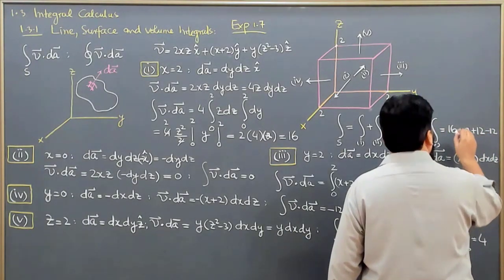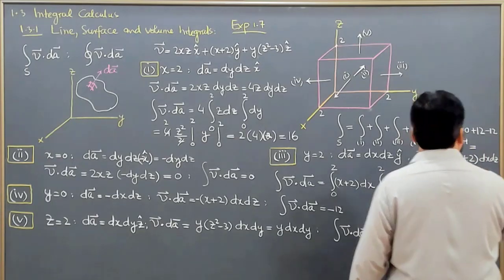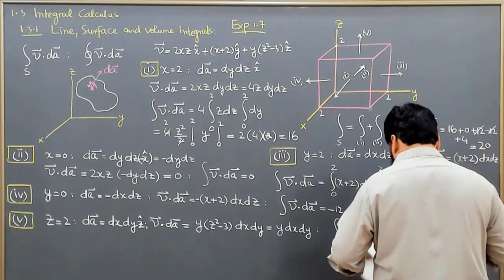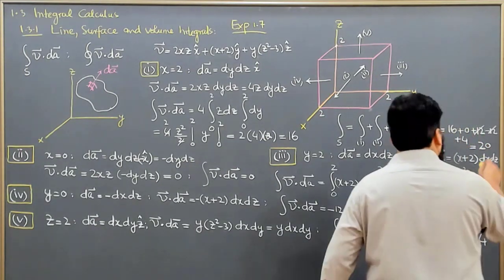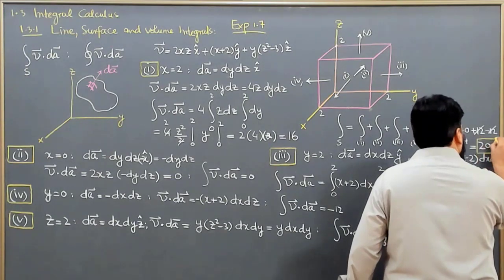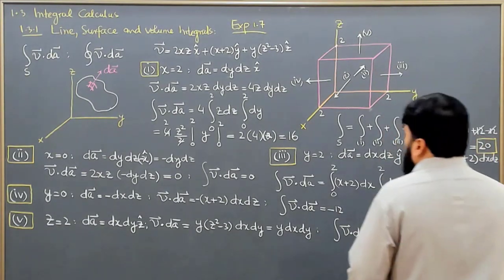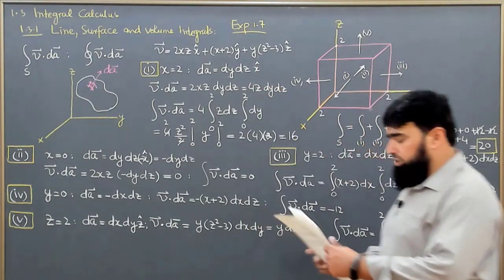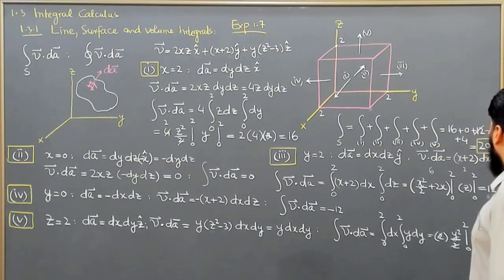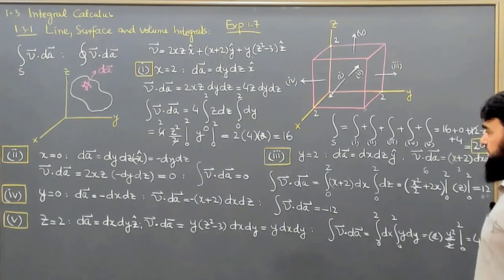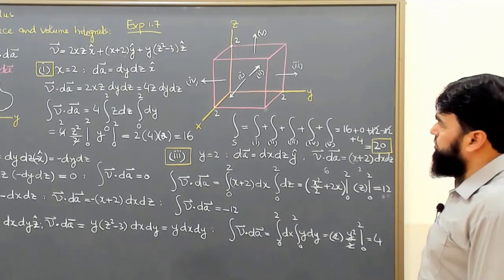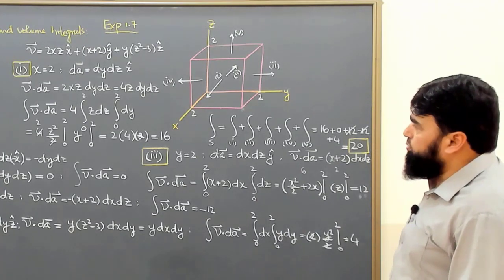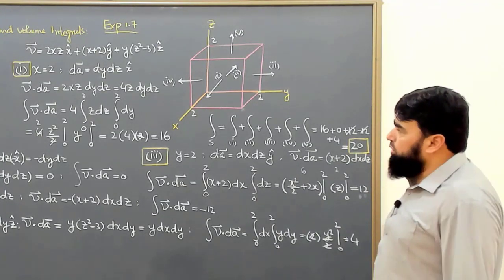The 12s cancel, and 16 plus 4, so the net result is equal to 20. This means the surface integral, or the flux of this vector along these faces, along these area elements, is equal to 20. So this is the way with which we can calculate the flux integral, and now we will start with the volume integral.